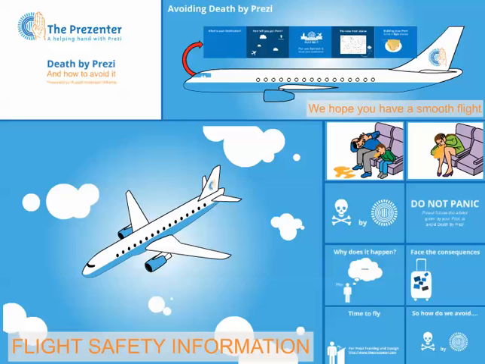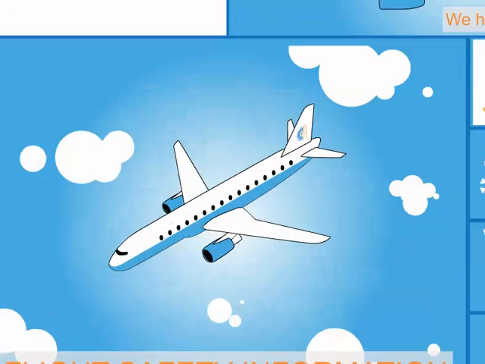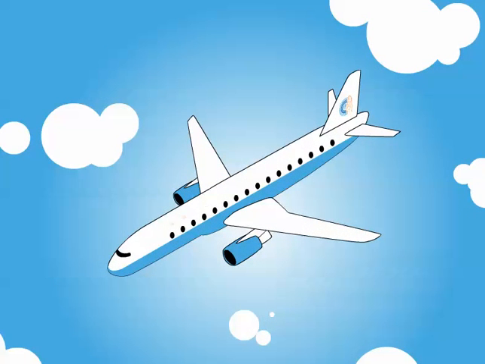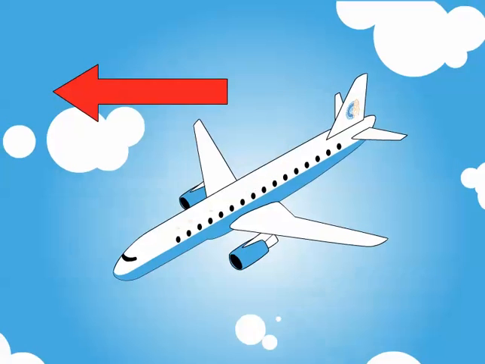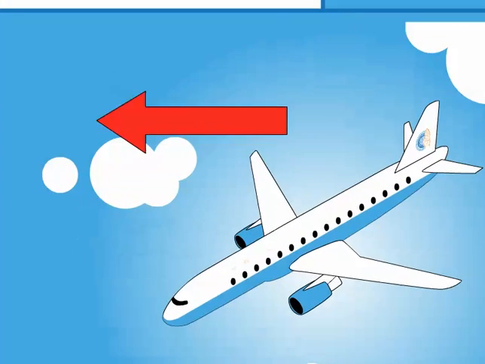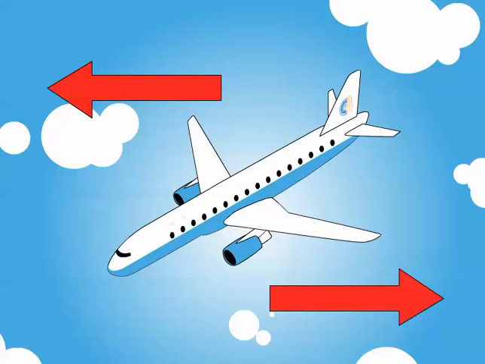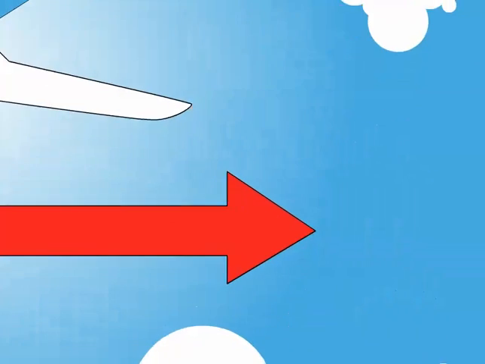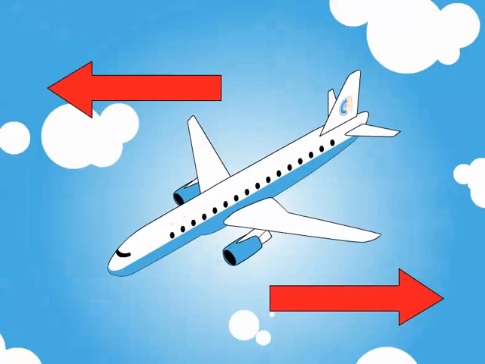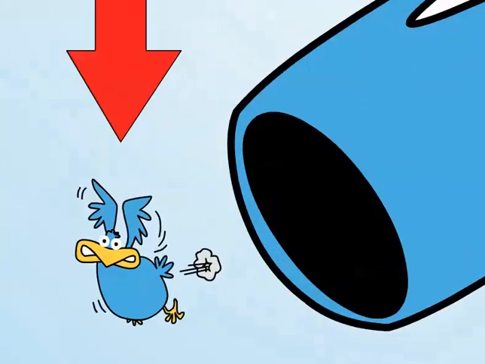So let's first of all look at what is Death by Prezi. Well, the danger is that, like I said a second ago, the moving, the panning around and the rotation that we can use in Prezi is what people think Prezi is all about.